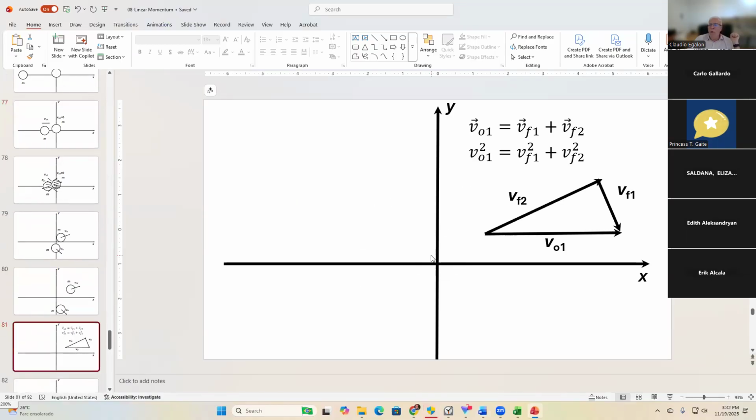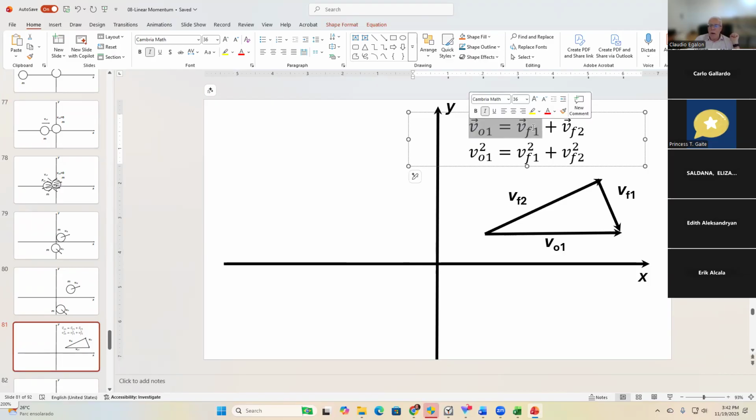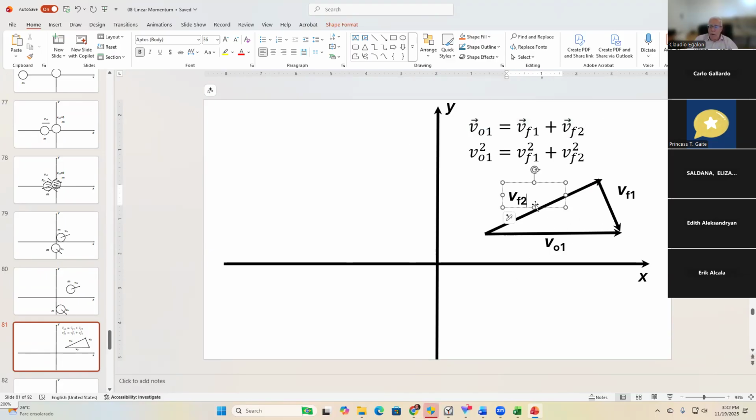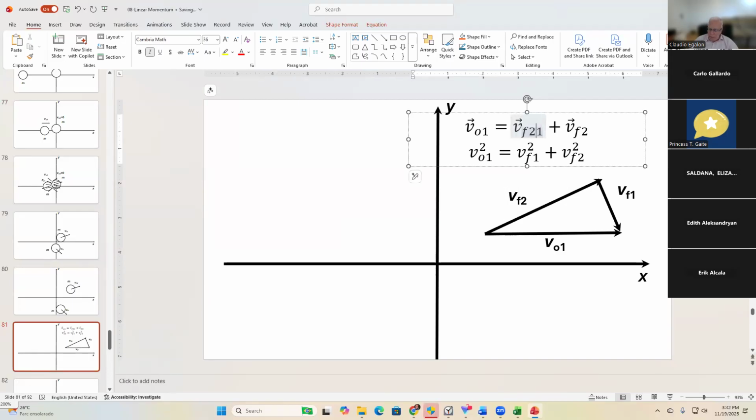Here is the vectorial equation that you saw before, right? The vectorial equation is saying that V naught 1 is going to be V final 1. Let's leave V final 2 here. V final 2 plus V final 1, right? Or V final 1 plus V final 2, it doesn't matter. The summation between vectors is commutative.